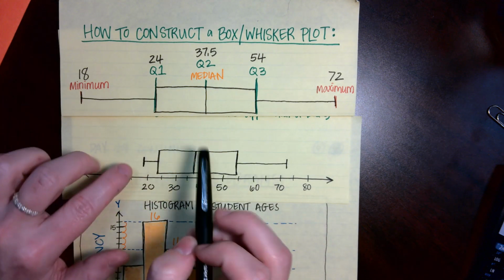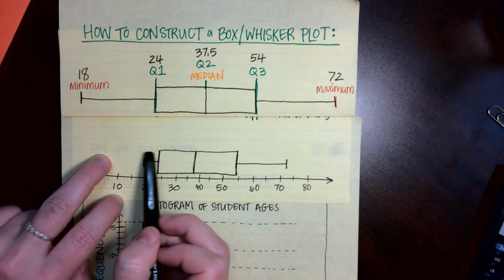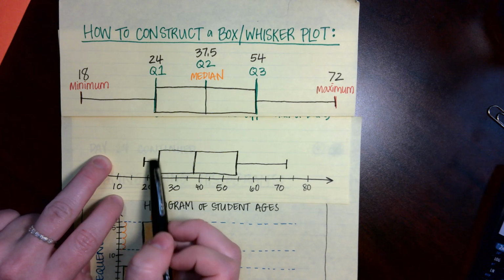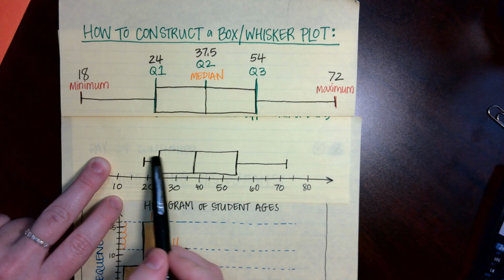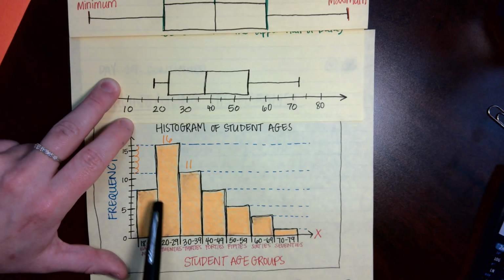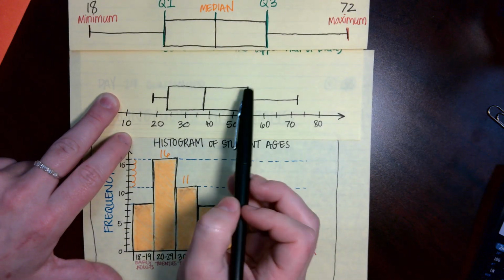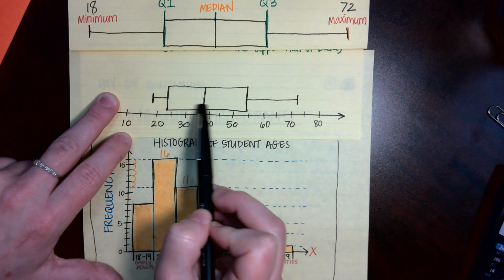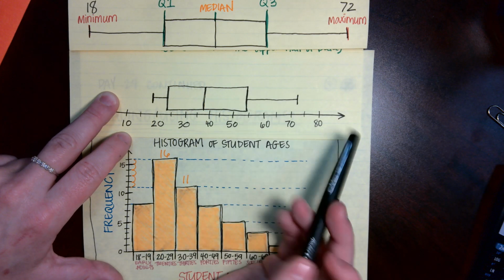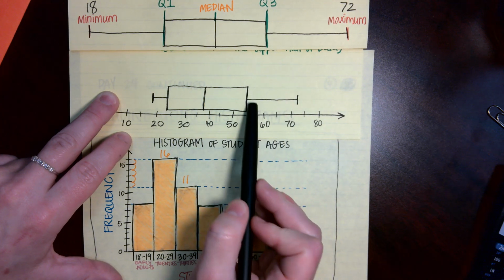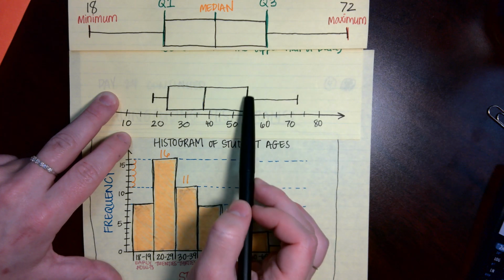So what's happening here is the lower 25% of my data is being shown right here. And as you can see, this is a teeny little area, just like this is a slightly smaller bar than what comes next. Then the middle 50% of my data is in here, and the rest of it, the other 25%, is represented over here.